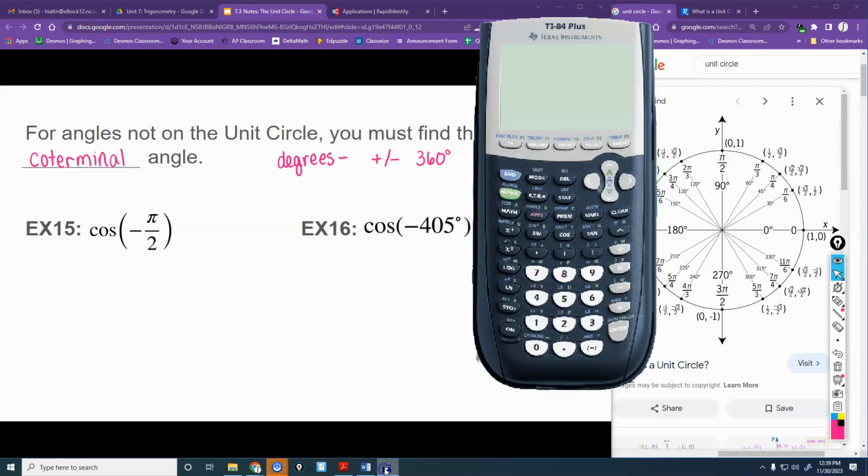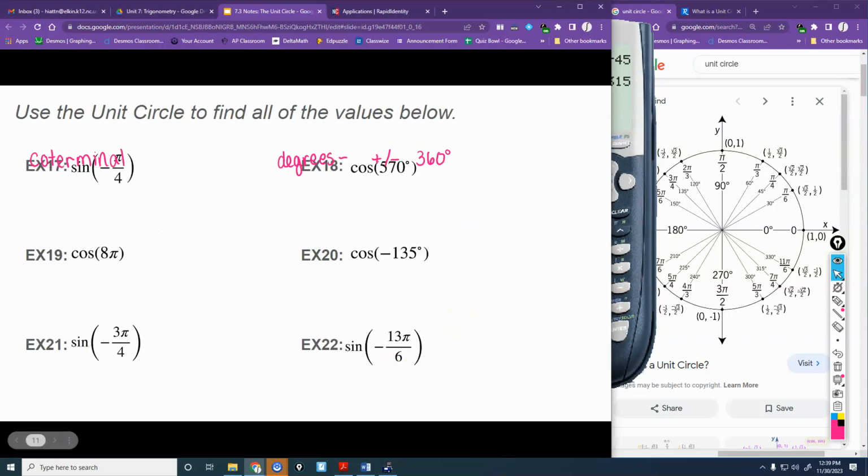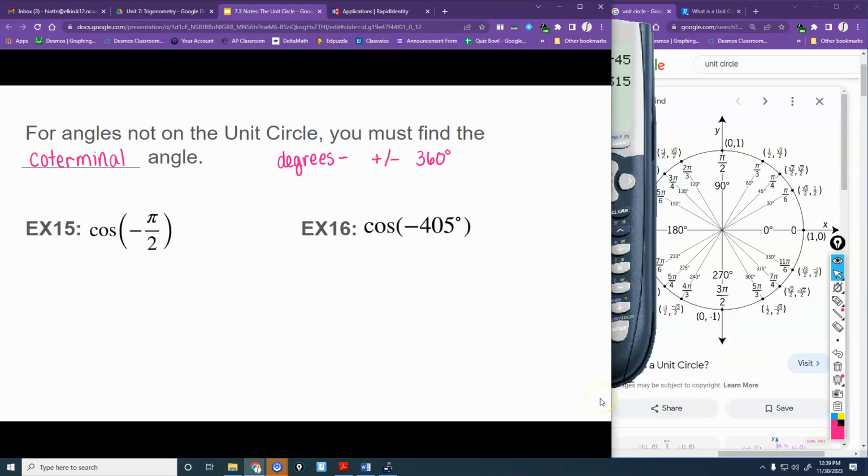So I'm going to go to my calculator. I'm going to do negative 405. I'm going to add 360. It's not enough, right? It's still negative, so I'm going to add 360 again, and I get 315. Because they are coterminal, they're going to end up at the same spot, and they're going to have the same value.